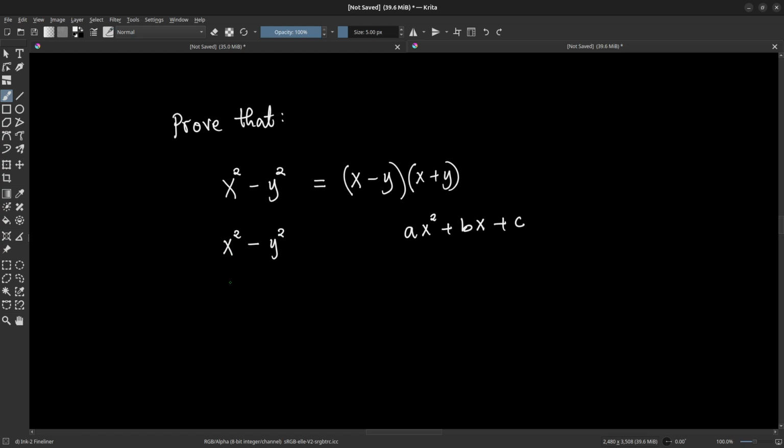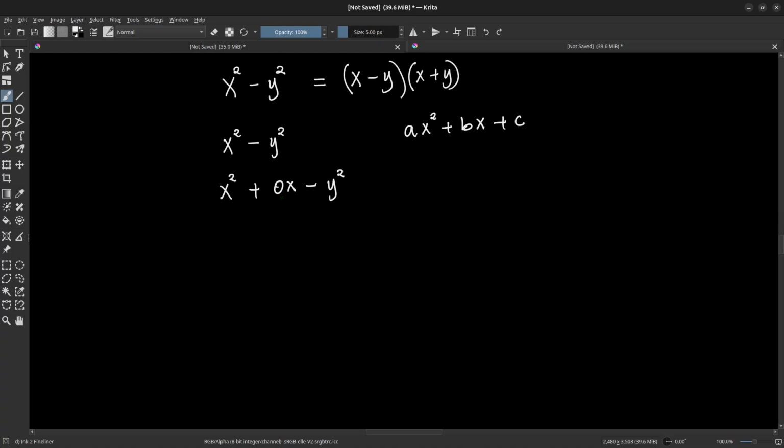So we can rewrite this as x squared plus 0x minus y squared. Now, it doesn't make much sense to say 0x, so we are just going to have 0 for that. On the right we have minus y squared and on the left we have x squared, right?